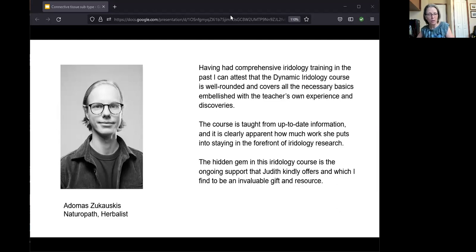And what Adam is referring to there is that in the course, we have a private social media group. It's in the process of moving off of Facebook. When you're in the course, you have access to that group. After you finish the course, you have access to the group. And even after you have certified, if you choose to certify, you still get to be in the group.